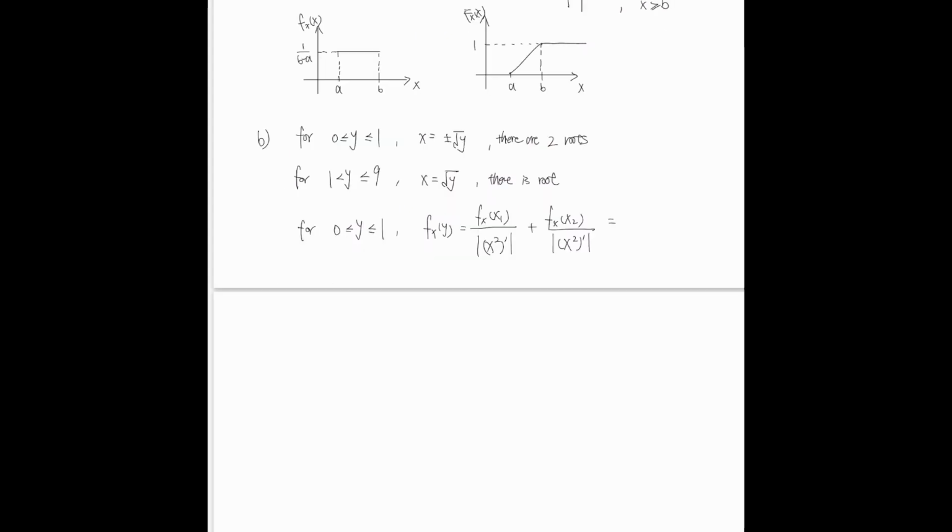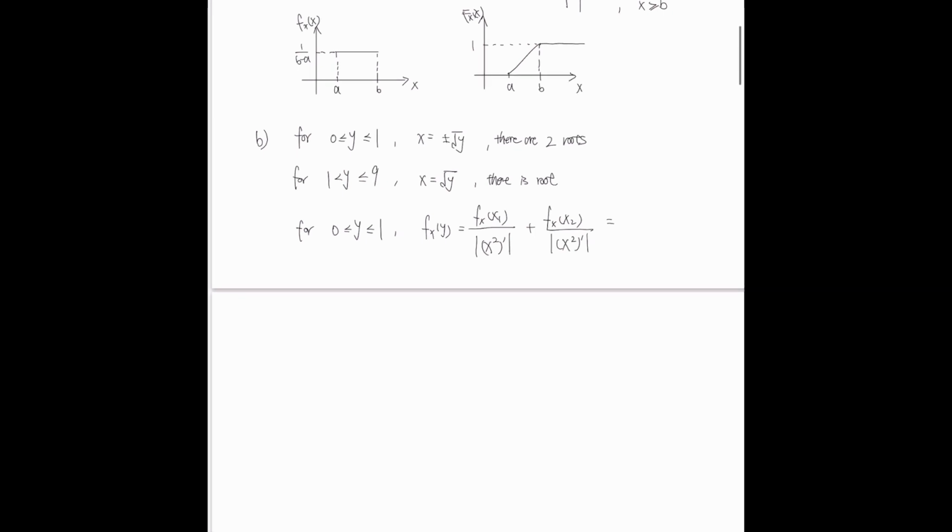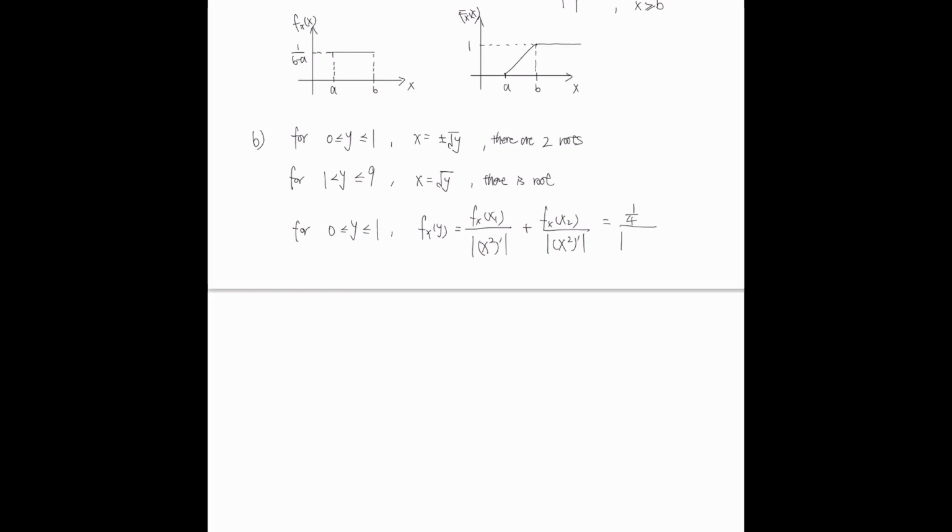For y greater than or equal to 0 and less than or equal to 1, fY equals fX(x1) over the absolute value of (x squared) prime plus fX(x2) over the absolute value of (x squared) prime, equals 1/4 over the absolute value of 2 square root of y plus 1/4 over the absolute value of -2 square root of y.